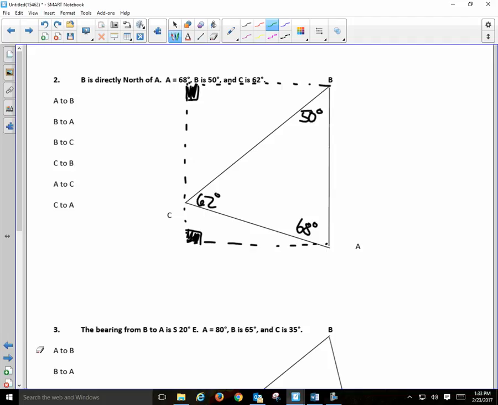Somebody give me an angle. Help me out. Give me one of these angles first. Let's fill this out. 40, yep, we got 40 here. 22.